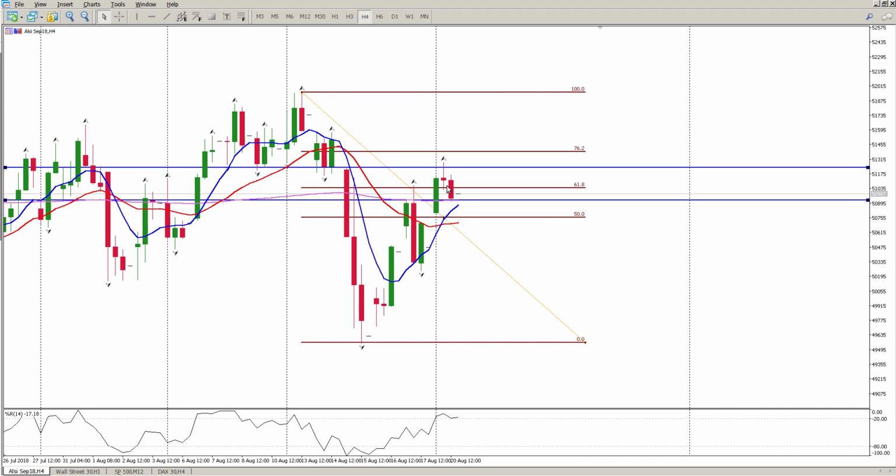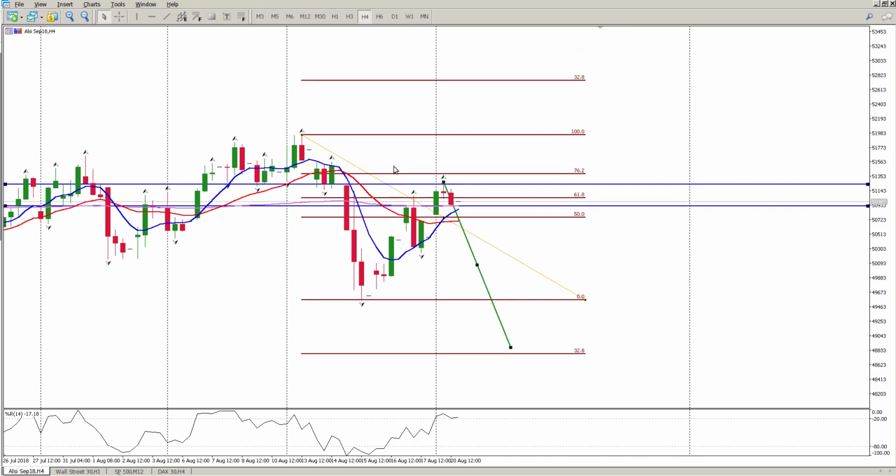Or we are going to bounce off this rejection here. So this rejection bar is quite significant as well, off a level, and we're going to move to the downside. So move to the downside would be pretty much something along the lines of that.